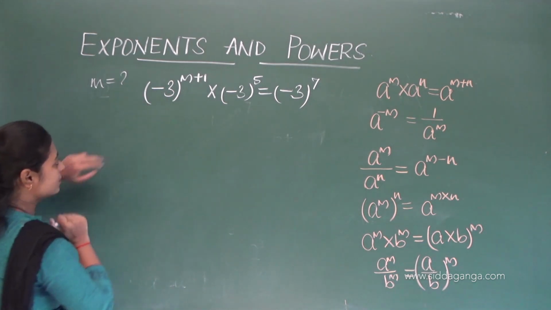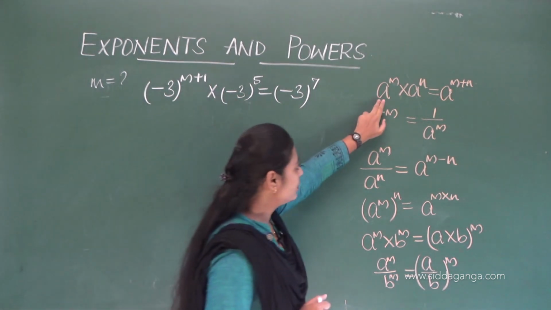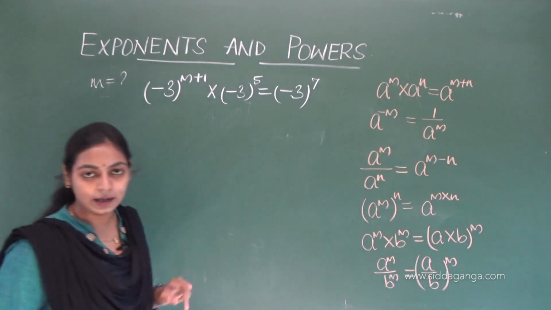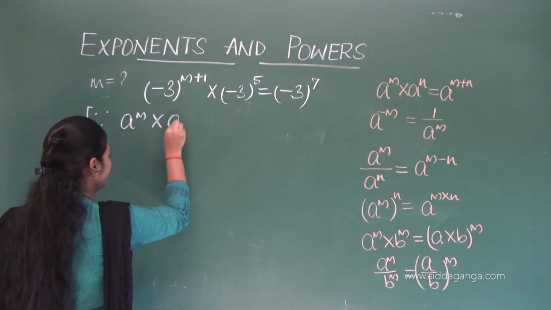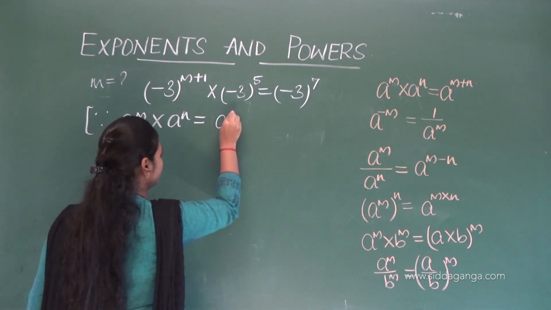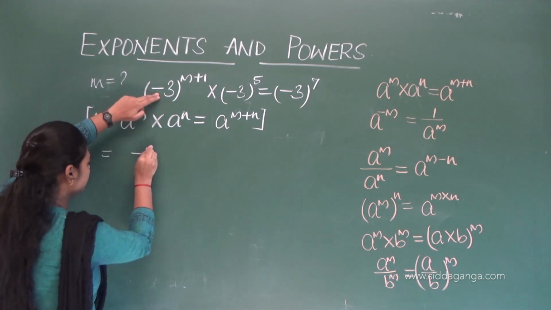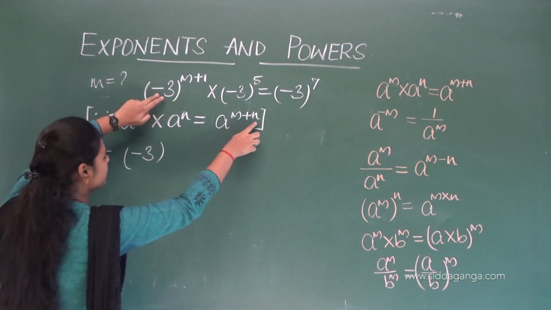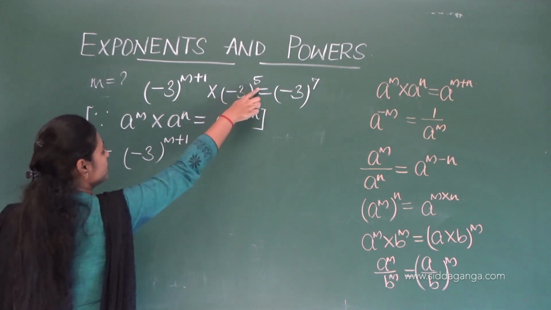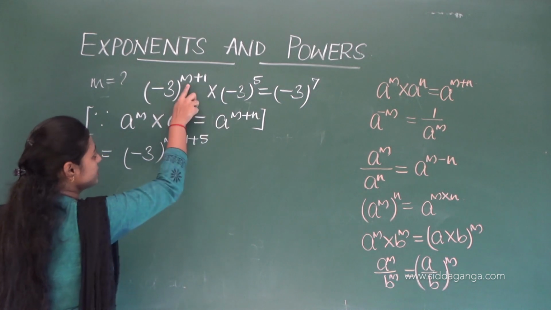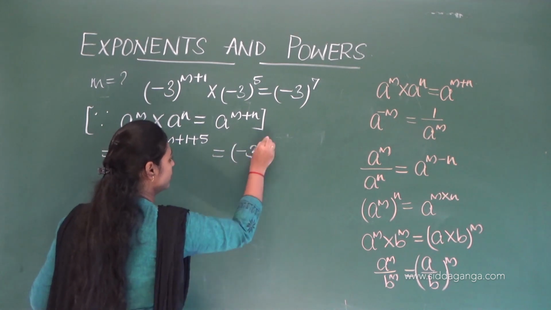First, look at the left hand side condition. -3 and -3, the bases are similar, and it is a multiplication condition. You can use the law a power m into a power n is equal to a power m plus n. Since a power m into a power n is a to the power of m plus n, that is -3 whole to the power of m plus n, which is m plus 1 plus 5, is equal to -3 whole raised to 7.